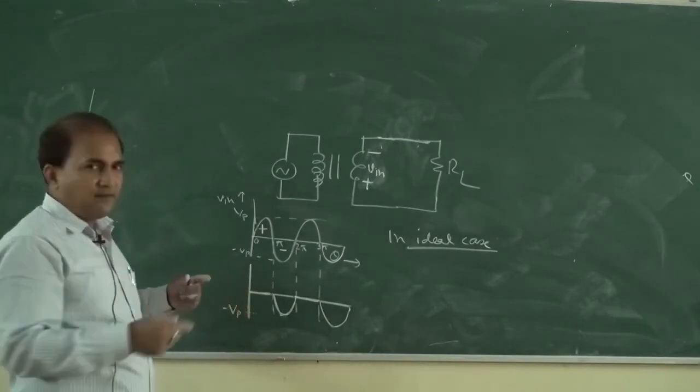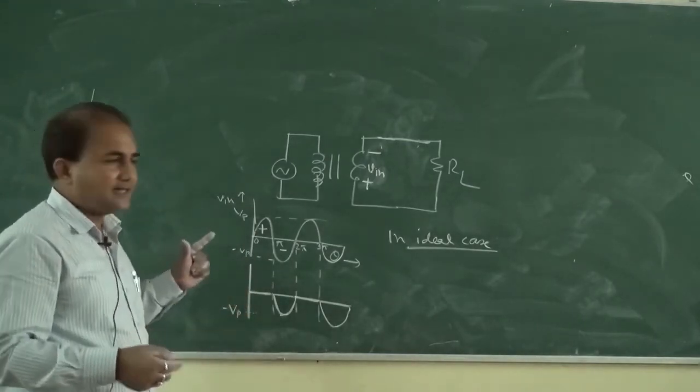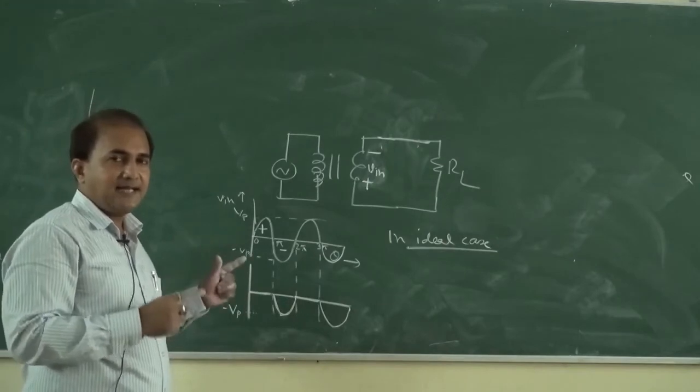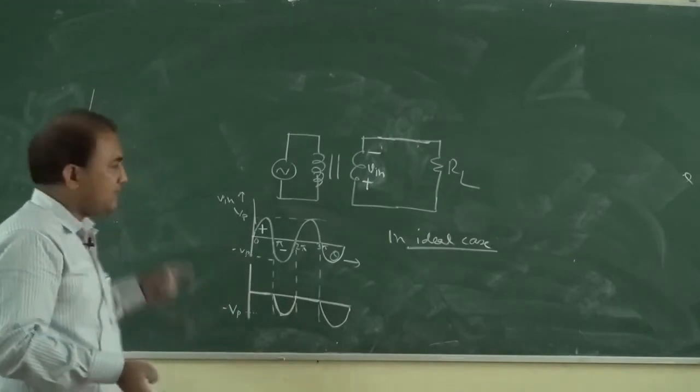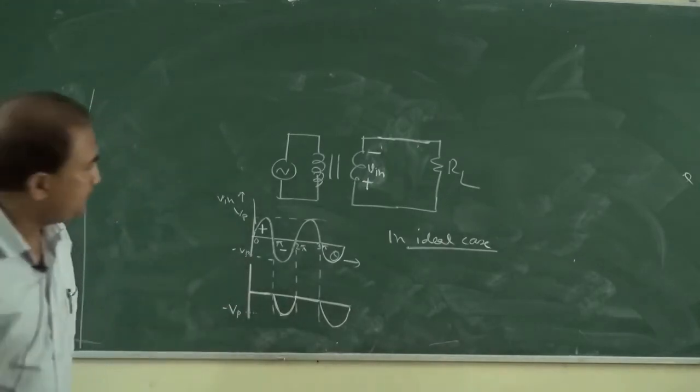So the main function of a half-wave rectifier circuit is to convert AC to pulsating DC. What is pulsating DC?